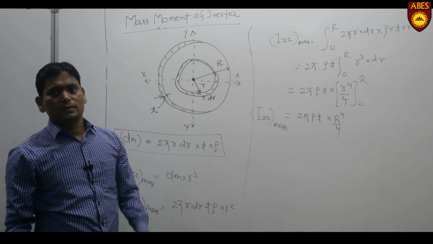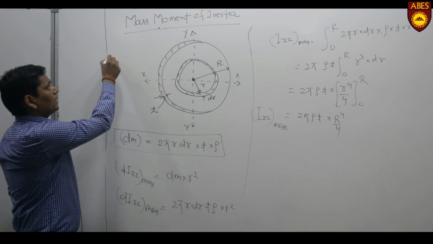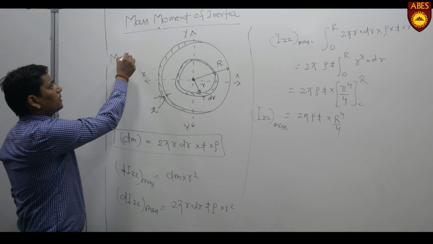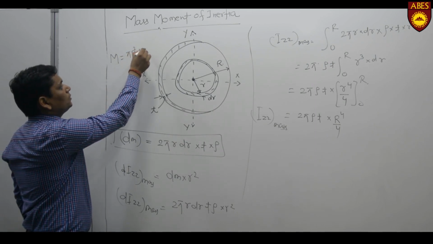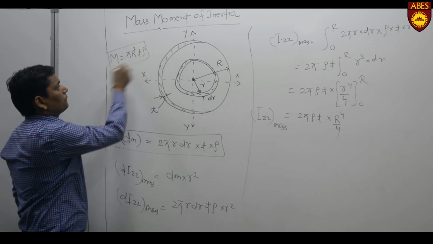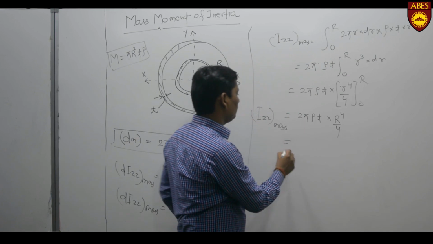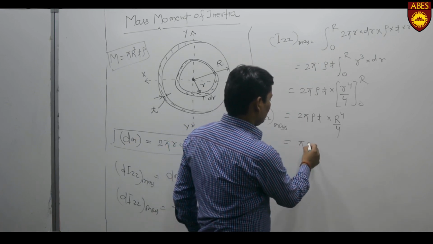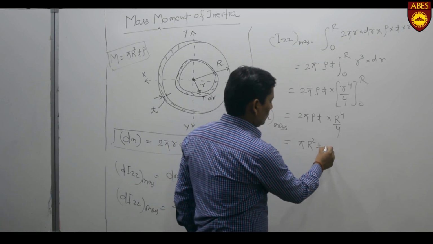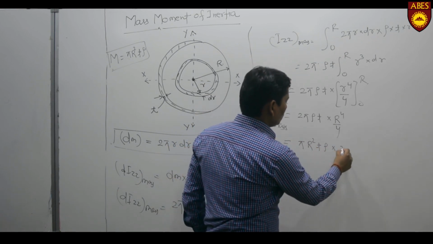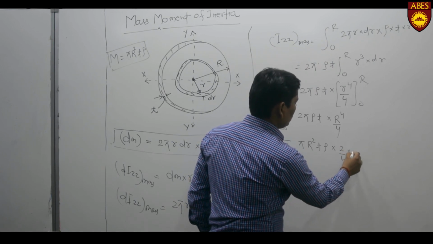But we know that the total mass of the circular plate is capital M equal to pi R square t into rho. We can write the above equation as pi R square t rho into 2 upon 4 into R square.